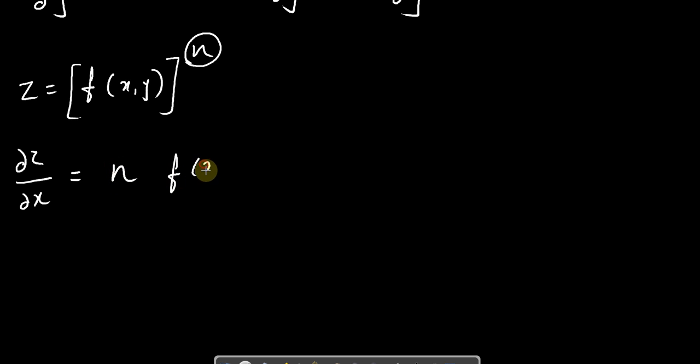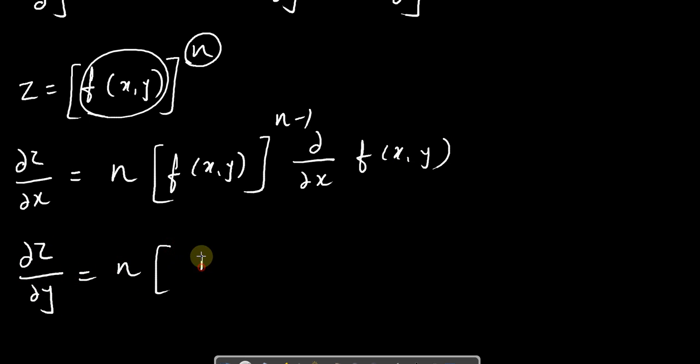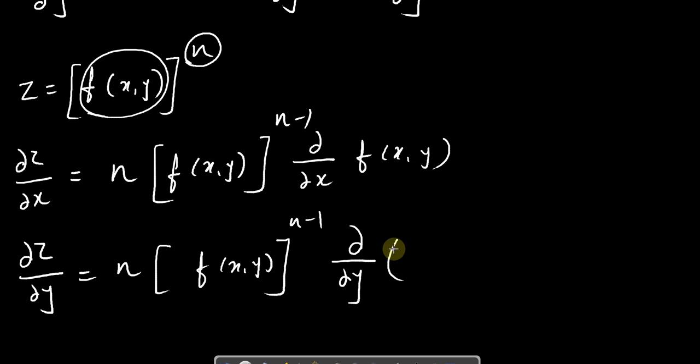What's the derivative? n into the function raised to n minus 1. By chain rule, now we have to multiply by the derivative of this function partially with respect to x. Same rule for the derivative with respect to y. First differentiate the power function, then take the partial derivative of the function f of x comma y.